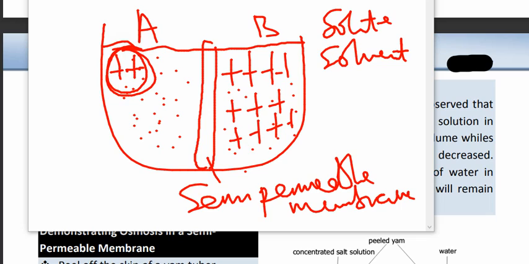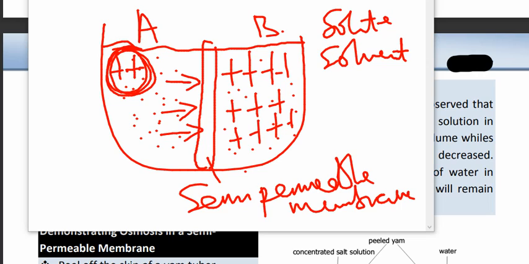So osmosis could be defined as the movement of water molecules from a solution having low solute concentration to a solution having high solute concentration, which is solution B over here. I hope we are getting it. Always in osmosis, water molecules are moving from a solution having low solute concentration to a solution having high solute concentration.